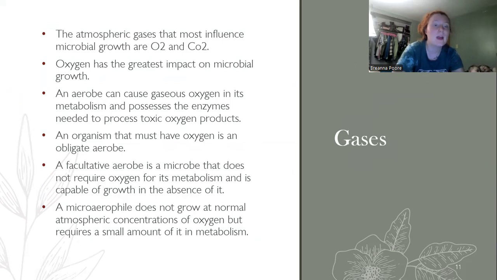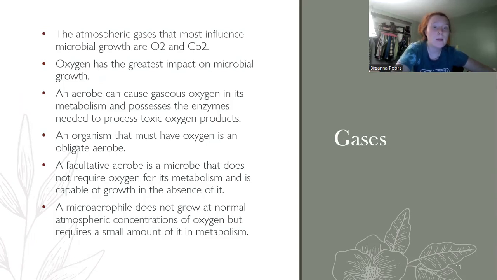Gases. The atmospheric gases that most influence microbial growth are oxygen and carbon dioxide. Oxygen has the greatest impact on microbial growth. An aerobe can use gaseous oxygen in its metabolism and possesses the enzymes needed to process toxic oxygen products.